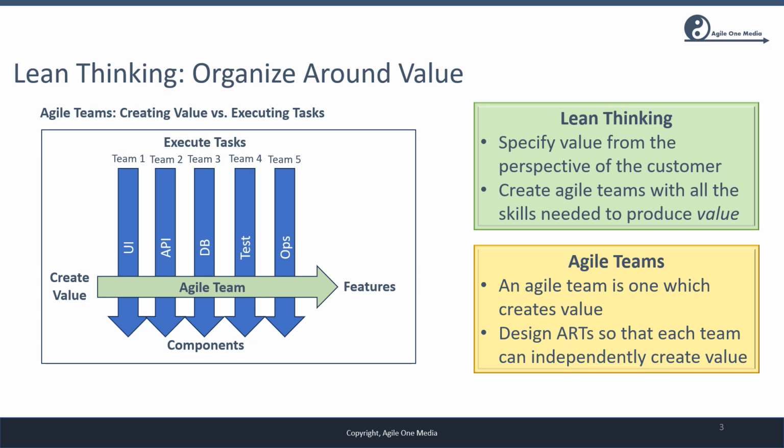Feedback makes it possible to make timely adaptations to the product as it is being developed, and in fact often leads to the discovery of the real needs of users. So organizing around value means aligning teams directly with value creating activities versus organizing in functional silos.